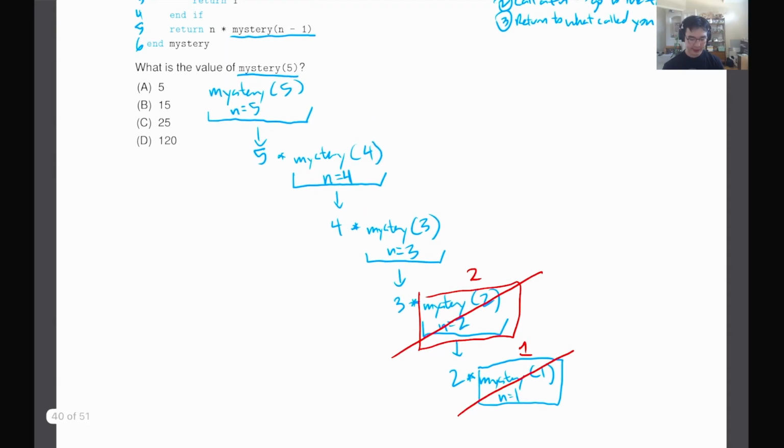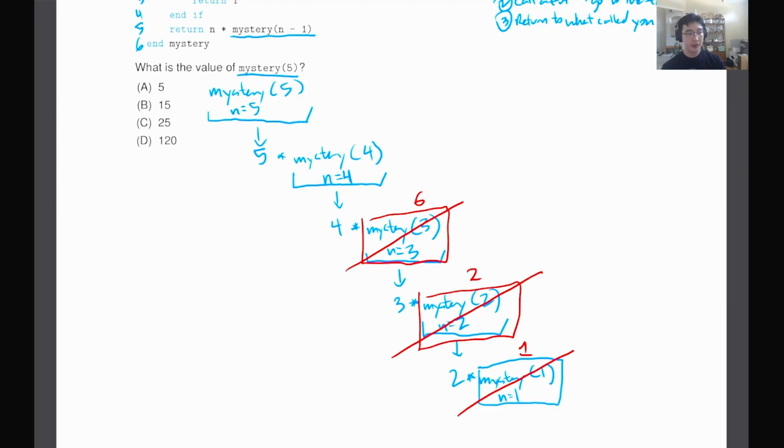And we see that I need to now do 3 times 2, which is 6. So I have a value of 6, and I'm on line 5 again. I return 3 times 2, which is 6. And where do you return to? You return to what called you, which is the function call mystery 3. Okay, that's 6.